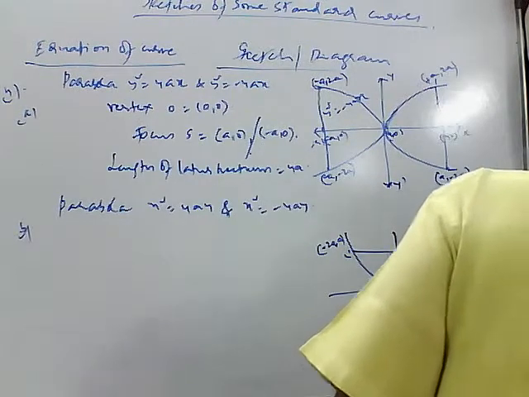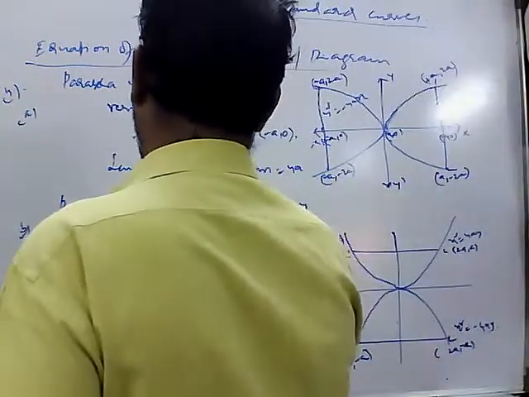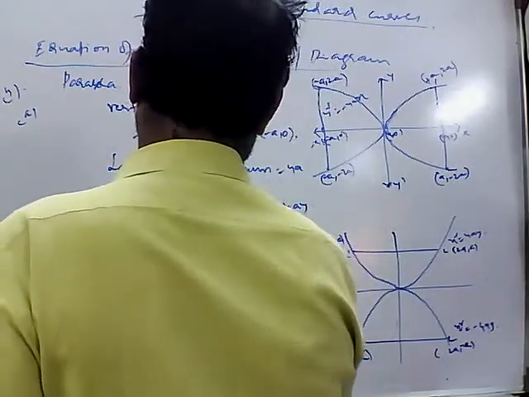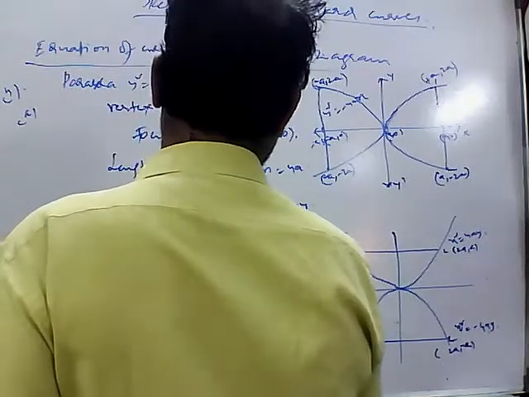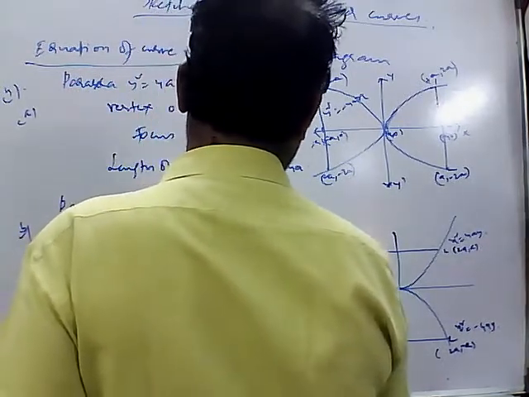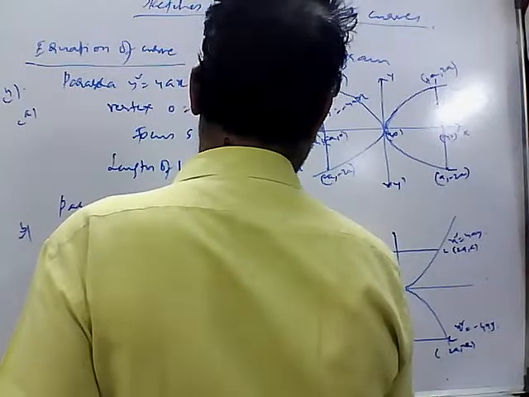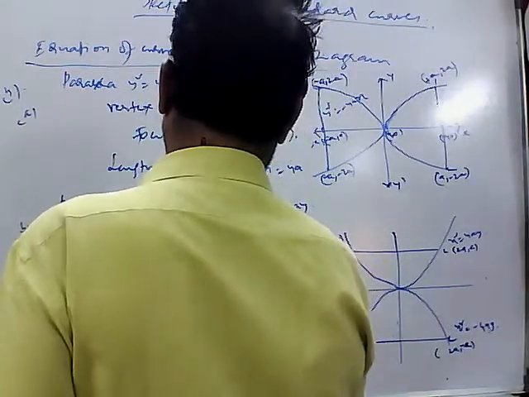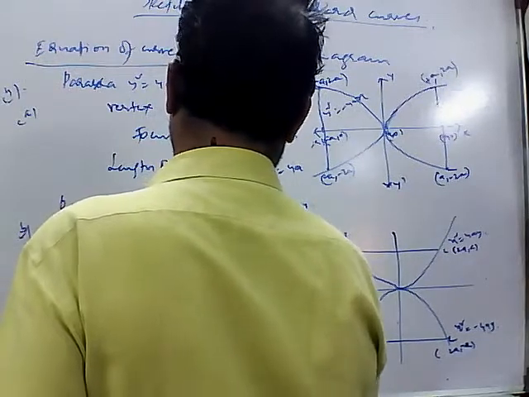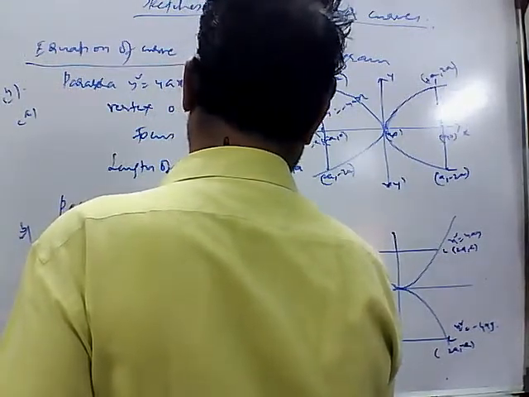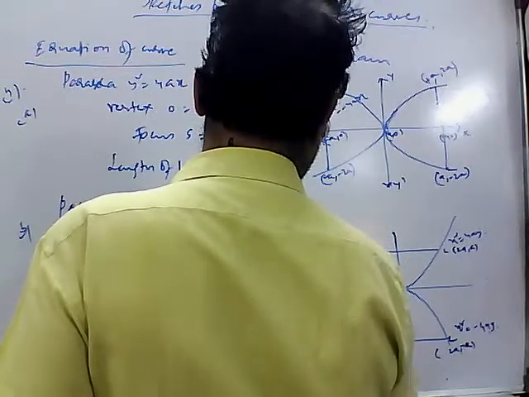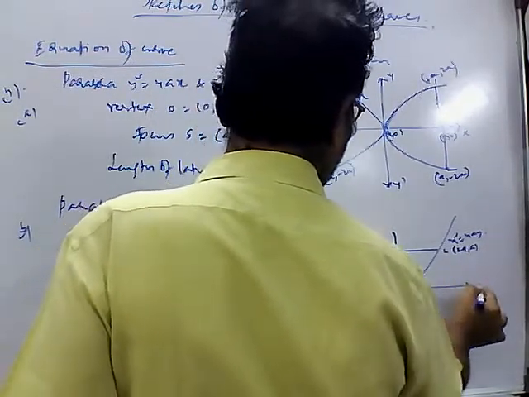This is vertex O, 0, 0, focus S is equal to 0, a or 0, minus a. Length of latus rectum is equal to 4a.